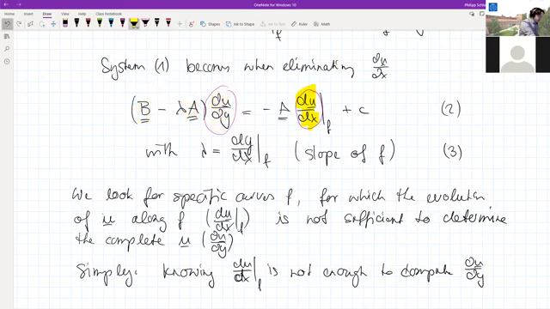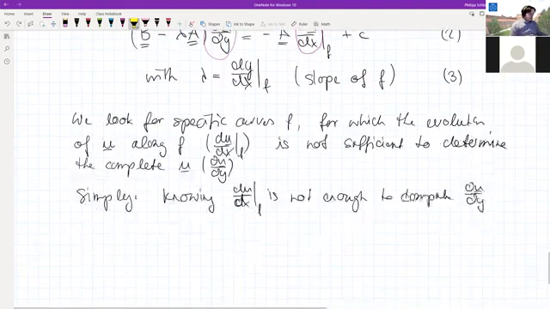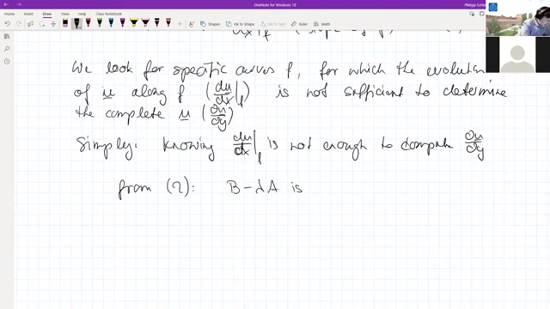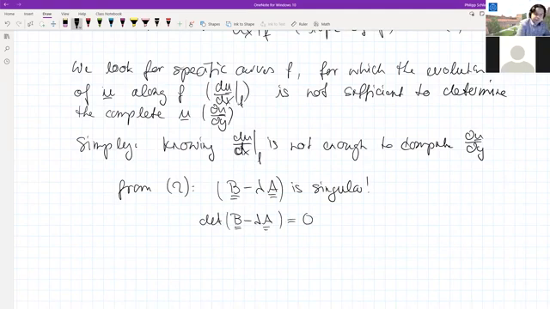Well, what is the condition that this is not possible? From equation 2, it means that B minus lambda A is singular. That's when I cannot calculate du/dy. Of course, this translates into the determinant of B minus lambda A equaling 0.